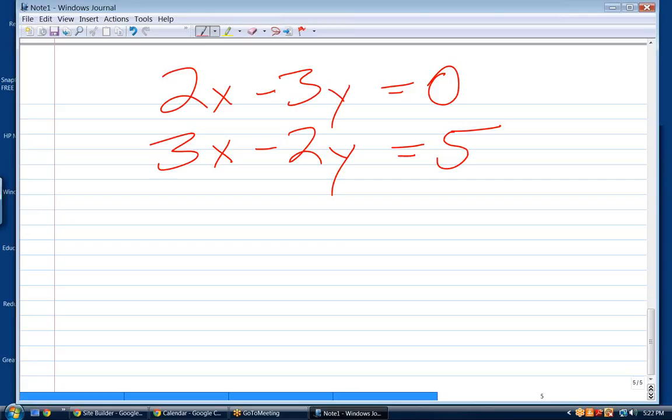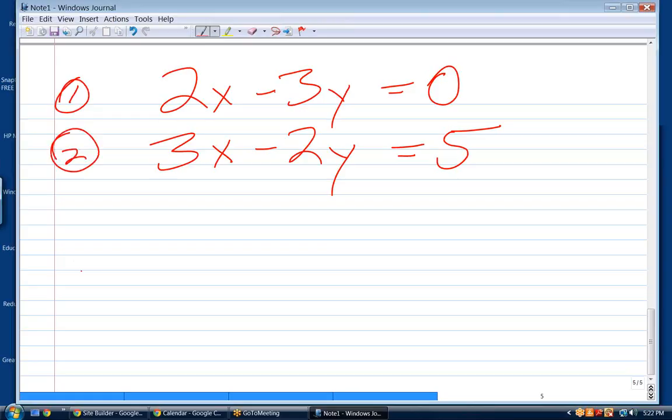I could multiply the top or the bottom equation by 1.5 or negative 1.5, and I could get y to disappear, but I'd rather not involve fractions if possible. Don't complicate things by involving fractions.